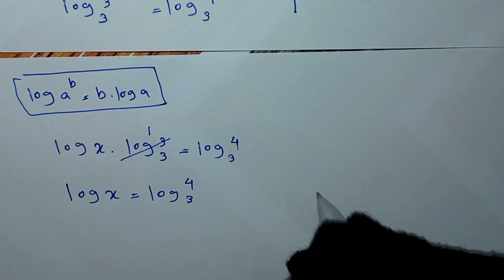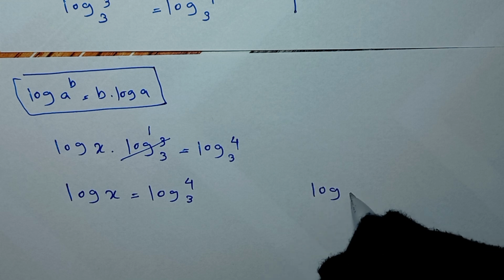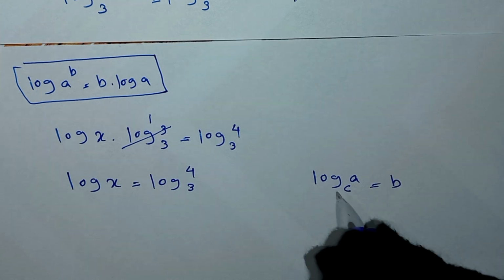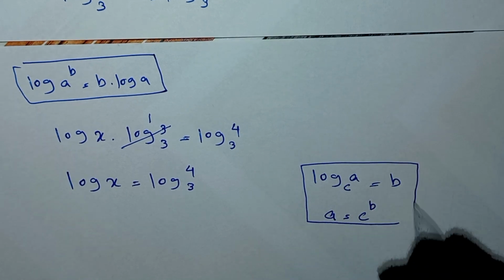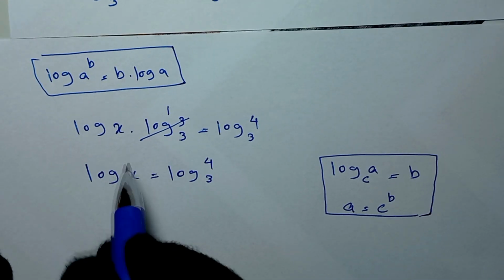From log rules, if we have log of a to base c equal to b, from here a is equal to c to the power of b. So here, in log x, the base is 10, right?